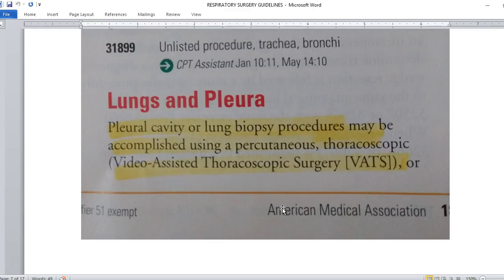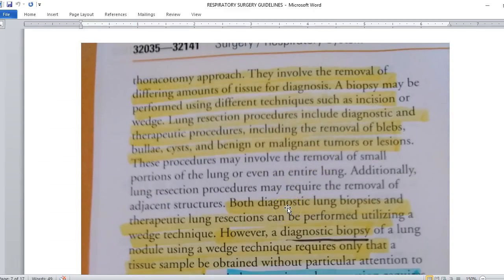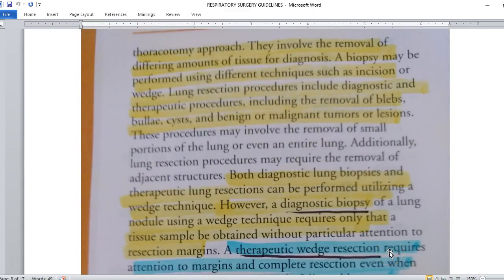But we can also do them percutaneously, going through the skin, or, as it continues on to the next page, a thoracotomy, which is when we make an incision into the thoracic cavity, and then we can stick our instruments into. It all depends on what the provider wants to do and what the patient needs. Regardless, all three of these techniques involve the removal of differing amounts of tissue for diagnosis.